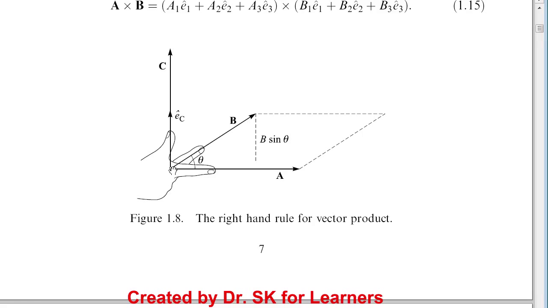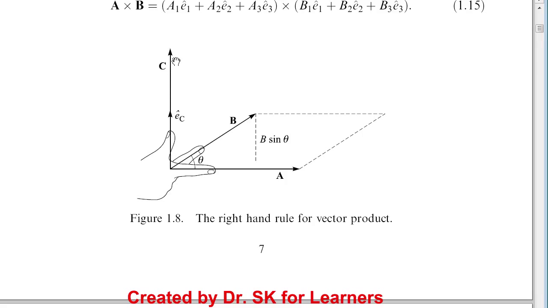So what A cross B does is, if you represent A and B as the two consecutive sides of a parallelogram, the product will give you the third side. That is about the direction of the product of A and B. If you extrude this area towards the top axis, this will be the third side.